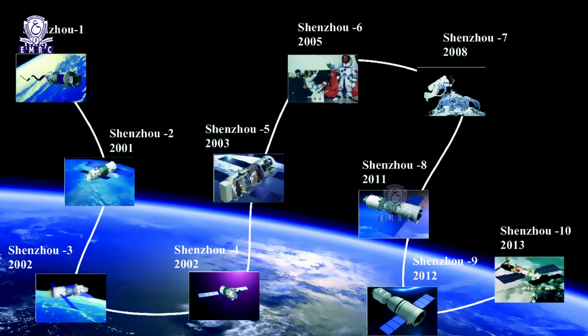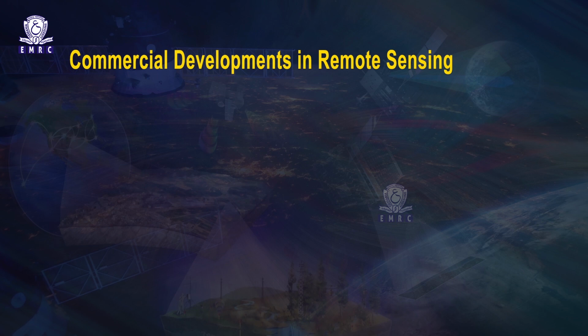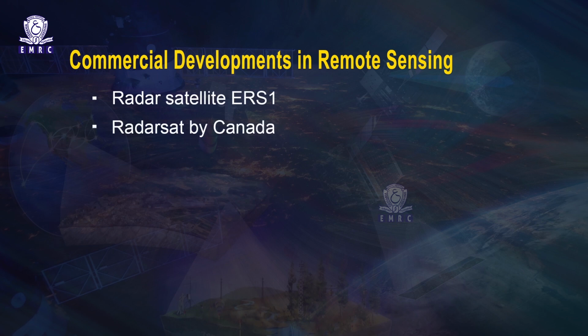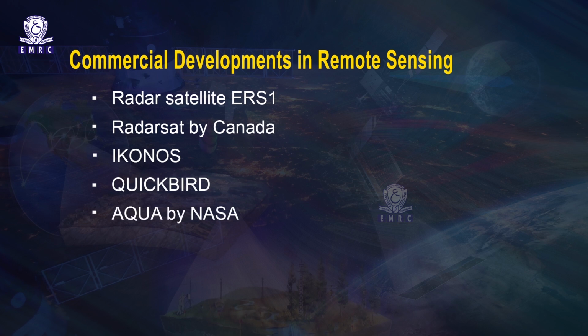First commercial developments in remote sensing started in 1991 with the launch of radar satellites ERS-1, RadarSat by Canada, Ikonos, QuickBird, Aqua by NASA, etc.